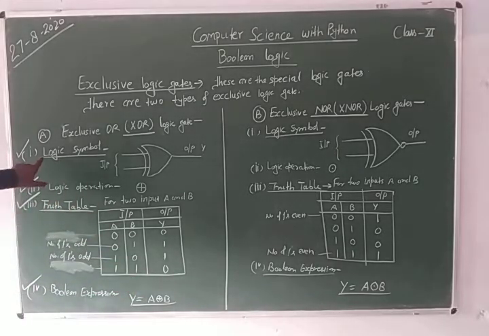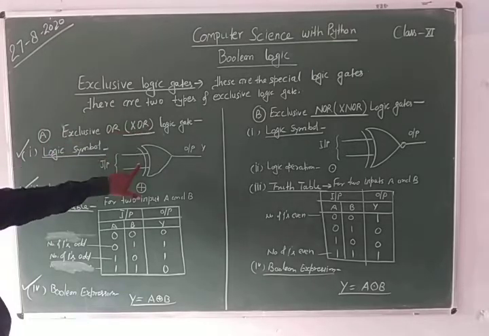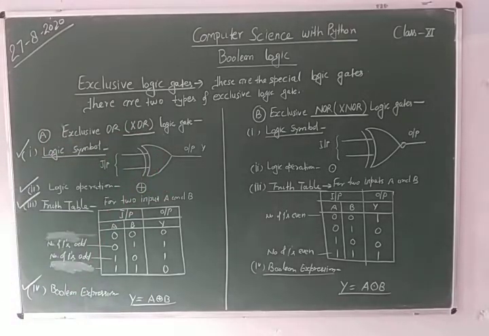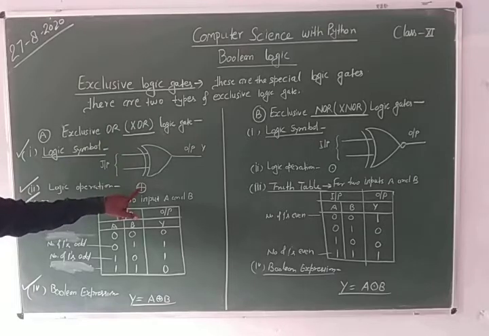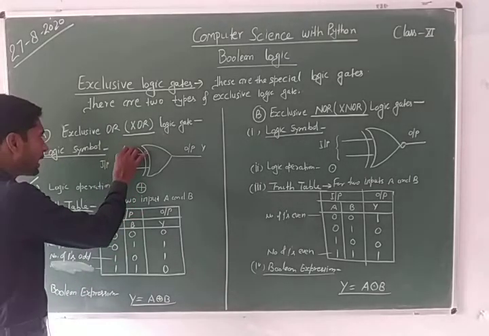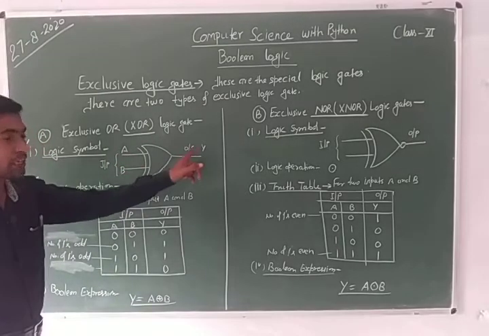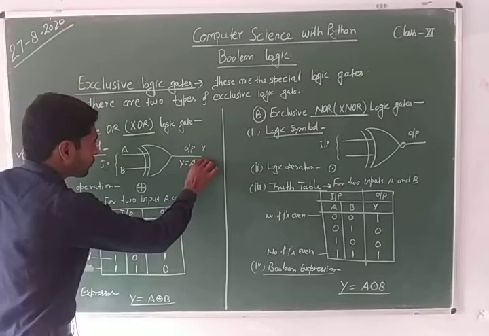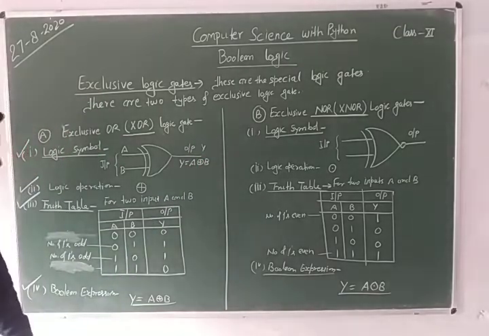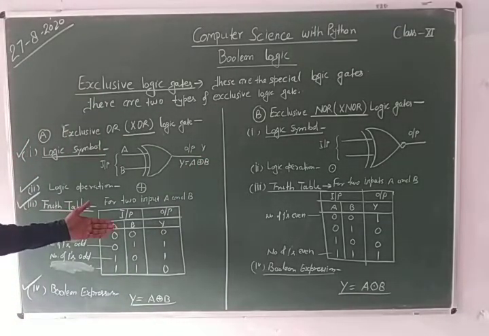Alright, let us see the logic symbol. The logic symbol for XOR gate is like this. The logic operation that we will use for XOR gate is round plus. If A and B are two inputs, then Y is written as Y is equal to A round plus B. Now let us see the truth table.